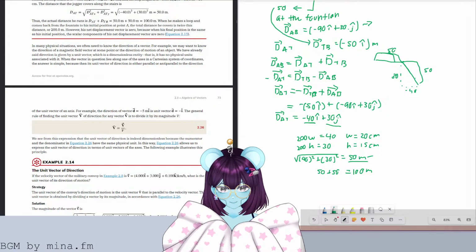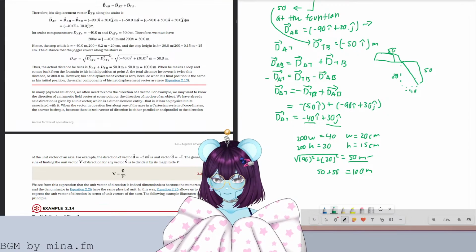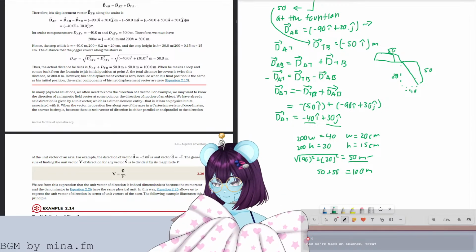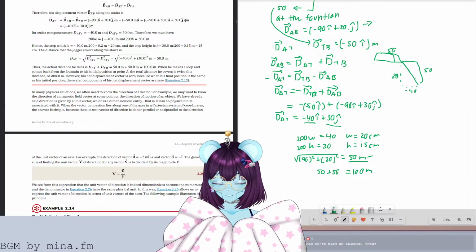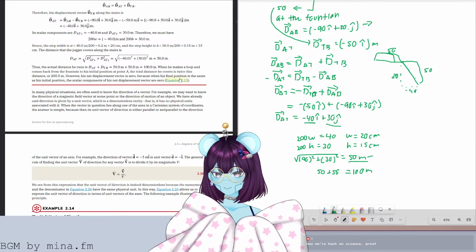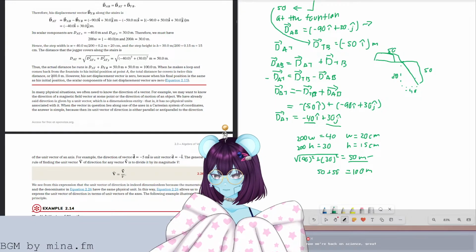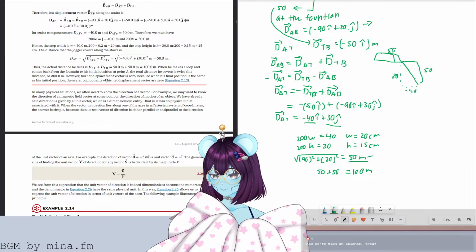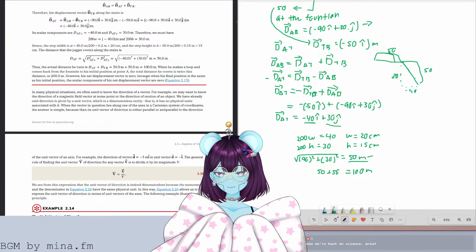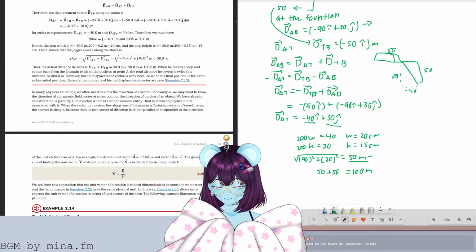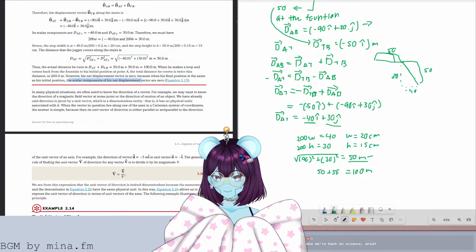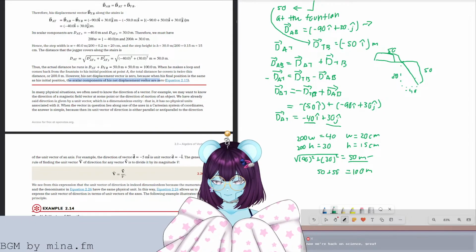Oh wait, I've skipped. When he makes a loop and comes back from the fountain to his initial position at point A, the total distance he covers is twice the distance, or 200 meters. However, his net displacement vector is 0, because his final position is the same as his initial position, so the scalar components of his displacement vector are 0.